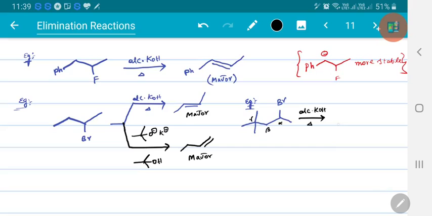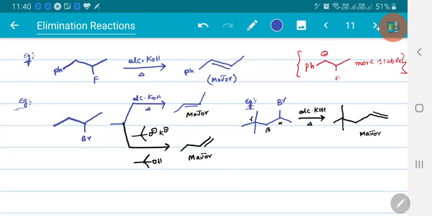Now here the major product will be, because of the bulky group at the gamma position, the Hofmann product as major, right? So either the base is bulky, or the gamma position is a quaternary system, or a poor leaving group is present, then in all such cases the Hofmann product is the major product.